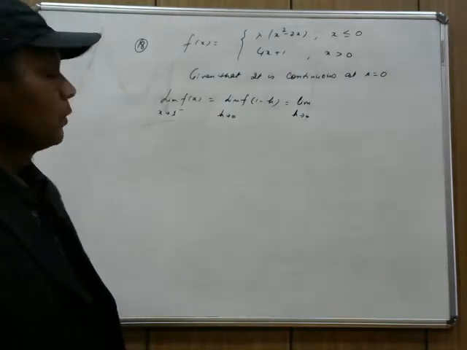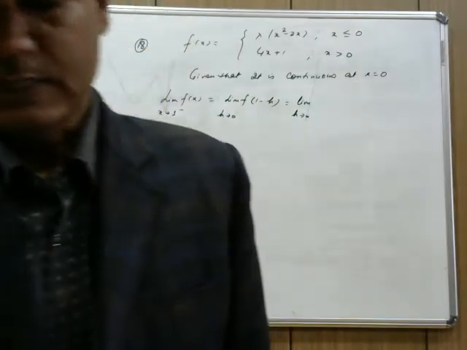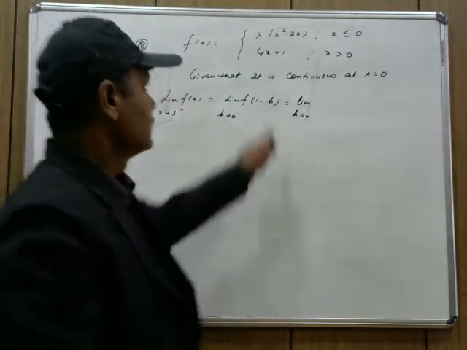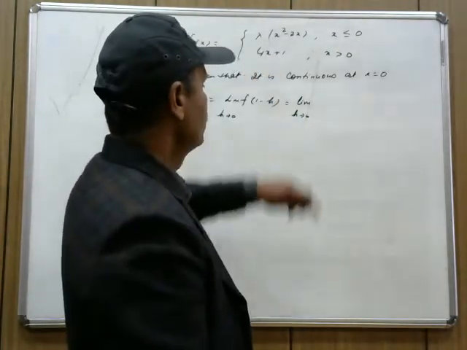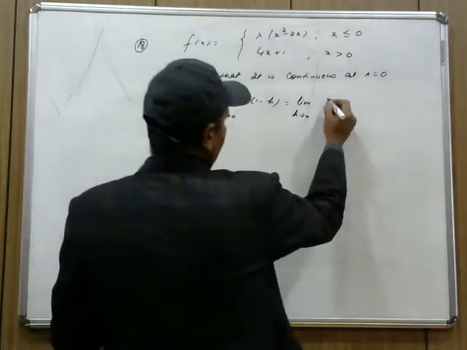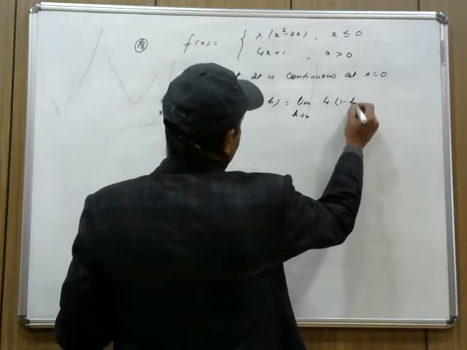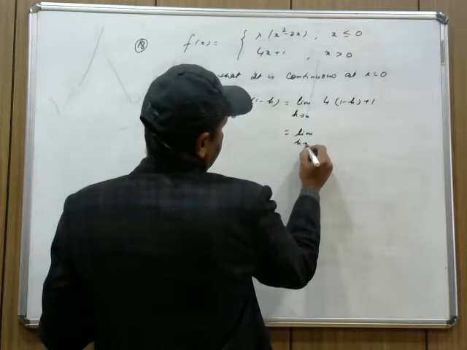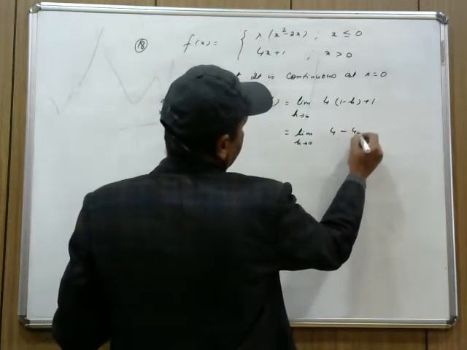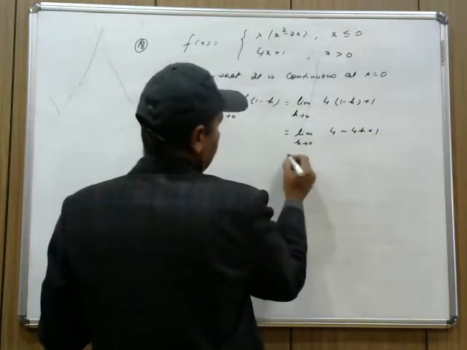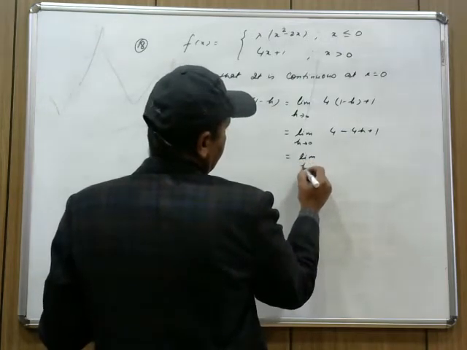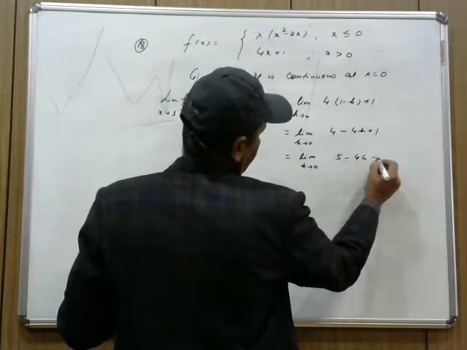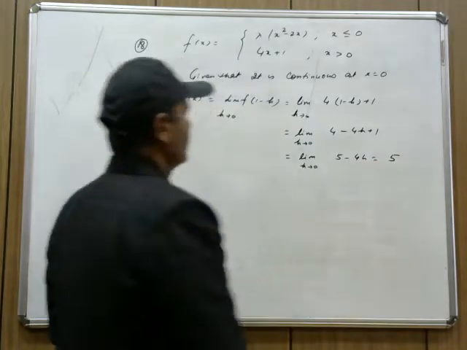I have to check the continuity of this function at x is equal to 1, and for that this is the function 4x plus 1. Now I write here 4 into 1 minus h plus 1, that is equal to limit h tends to 0 of 4 minus 4h plus 1, that is equal to limit h tends to 0 of 5 minus 4h, which is equal to 5. Right?